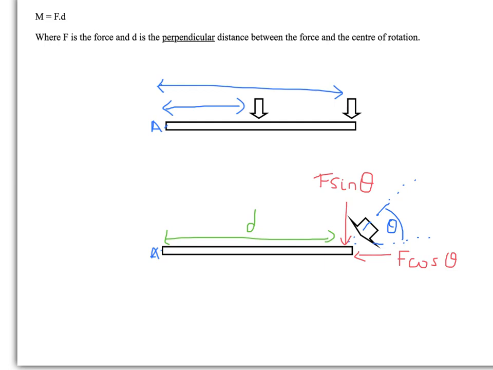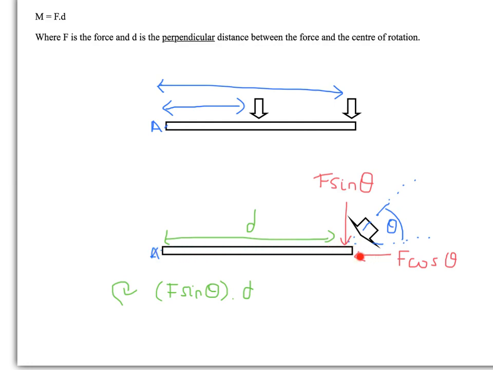If we think about the moments going clockwise around this way, this force here is now being applied vertically, so its perpendicular distance is D. So you've got the force, which has this magnitude here, F sine theta, times the perpendicular distance, which is D. Now if we look at this other force, the F cosine theta, and we look at the perpendicular distance of the force from the centre, you'll see that it's actually in line with this one here.